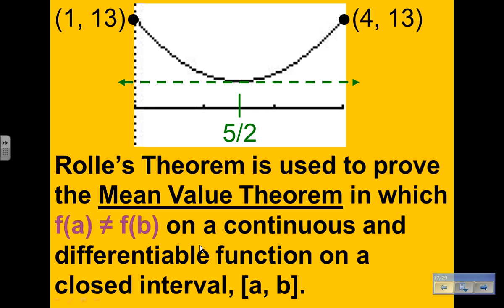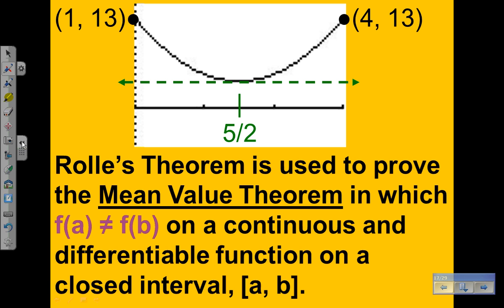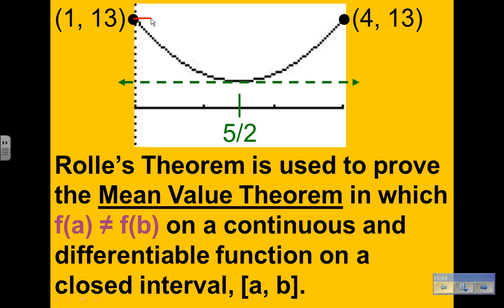All right? The only difference between Rolle's theorem and the mean value theorem, there's two of them. One, the y values are not the same. And two, you're not looking for where the derivative equals 0. Take a look at something about Rolle's theorem. If I connect the endpoints from a to b, what is the slope of this line?